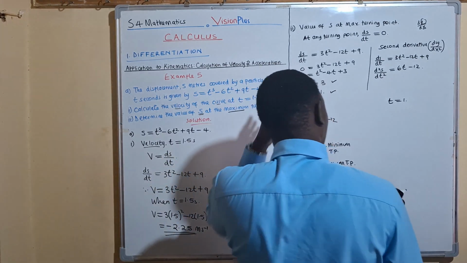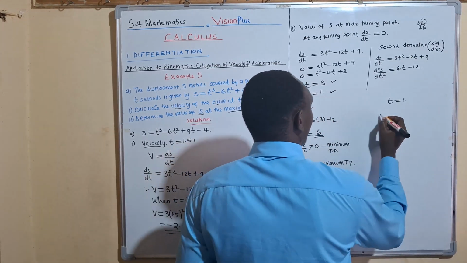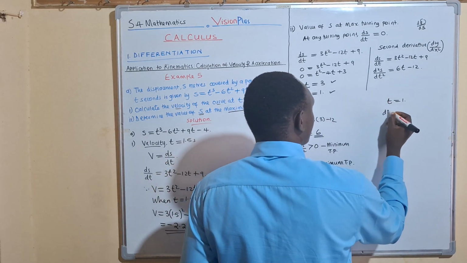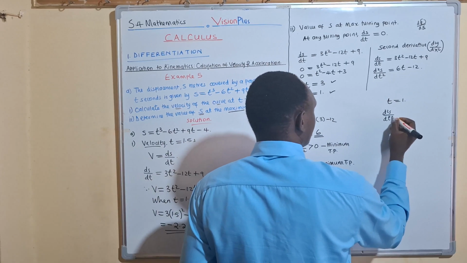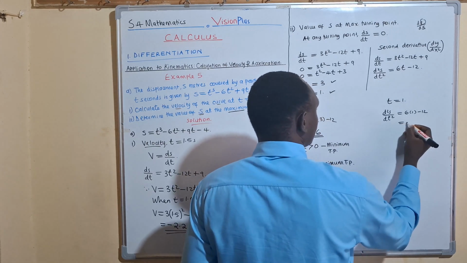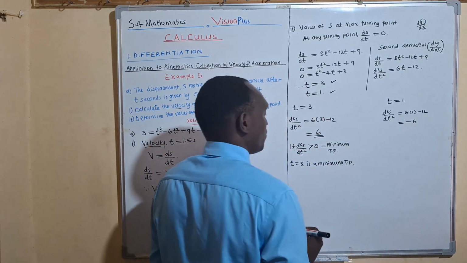So we're going to substitute again for t as 1 in the second derivative. That is d squared s/dt squared equals 6 times t, which is 1, minus 12. This here gives us negative 6. What did we say?